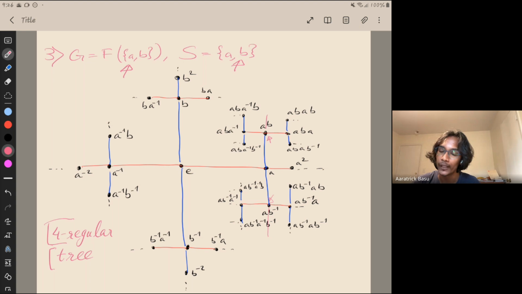You never visit a point that you had already visited before. You're very efficient in some sense. That's what a tree is, a graph with no cycles. You never see a sequence of edges repeating to the same vertex unless you already repeated an edge as well. It turns out that it can be again checked formally that this graph, the Cayley graph of the free group on 2 generators with this generating set, is indeed a tree.